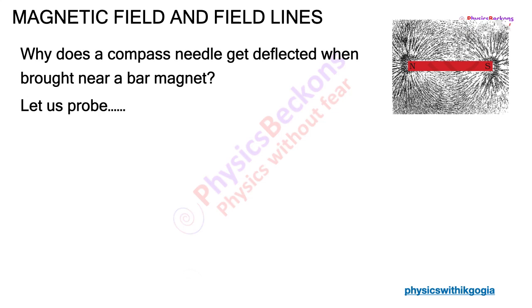Now let's see why a compass needle gets deflected when brought near a bar magnet. Fix a sheet of white paper on a drawing board using some adhesive material. The material should be non-magnetic. Don't use iron pins because they affect our study.